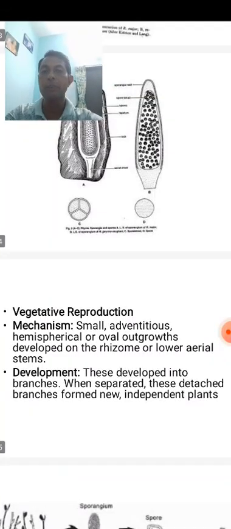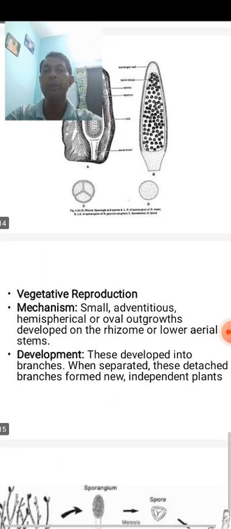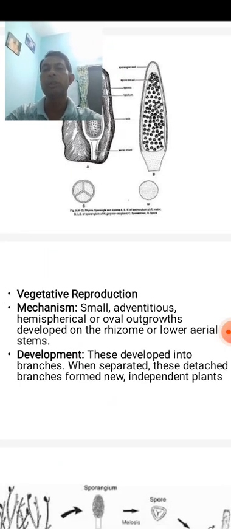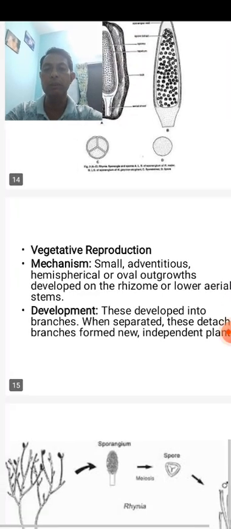When separated, these detached branches form new independent plants. This fragmentation, or vegetative reproduction, is very simple and is seen after full growth of the Rhynia plant.